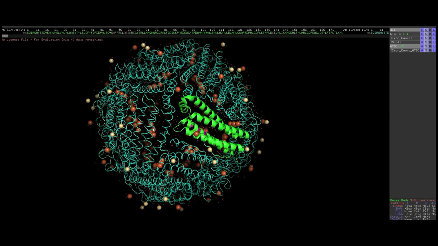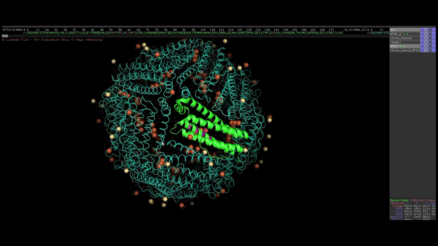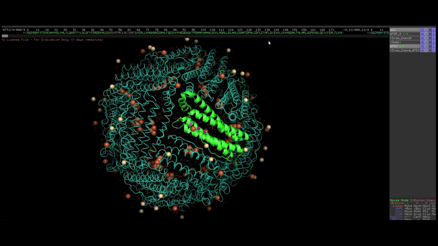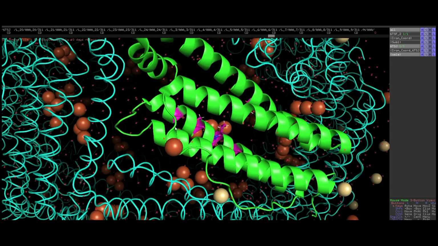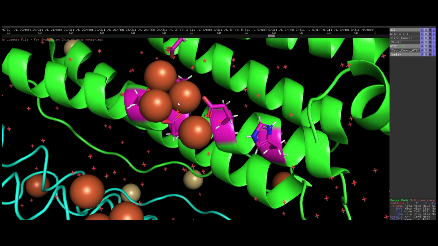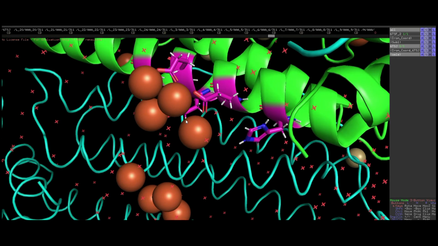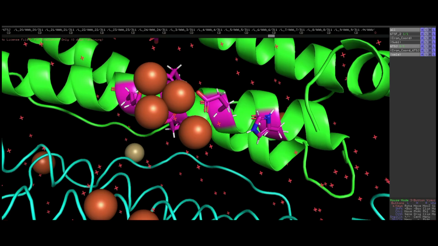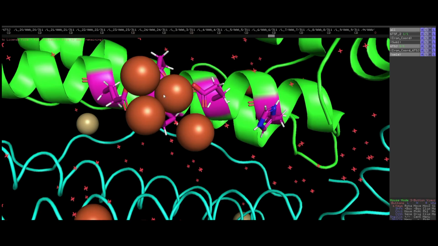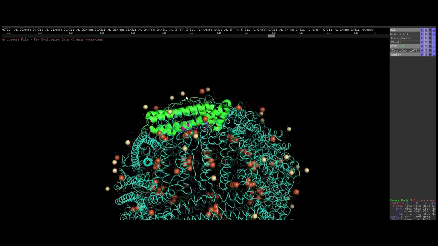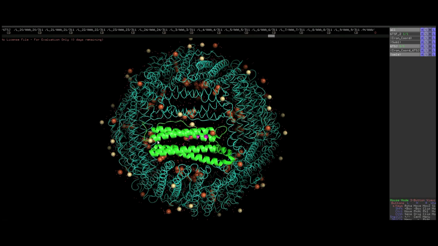And so we see that this has taken up a lot of iron, so it's storing all that iron in there. These salmon colored ones, if I remember correctly, yeah, those are cadmium. So these ones up here, these CD, those are cadmium. And so I have on here on this one subunit, so we can see these irons here, and we see that they are coordinated to these residues that I have here in magenta. And so yeah, this, like I said, is the ferritin, and it is storing the iron.